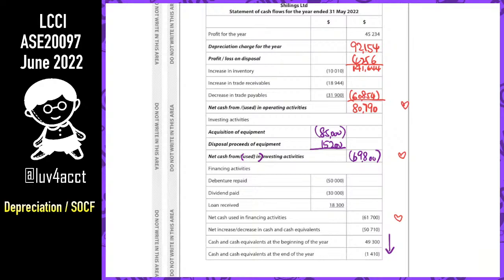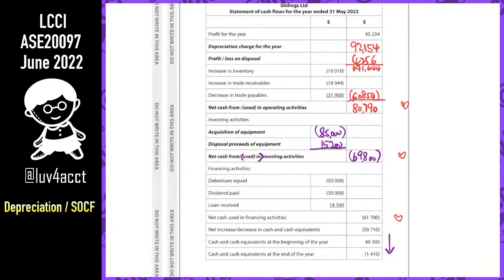Operating has to be positive all the time, always. If we have a negative operating cash flow, then we will have a very big problem, because we are not even making enough cash from our daily operations, from the sales. We are making an outflow because we purchase more, we spend more. That is a big problem.